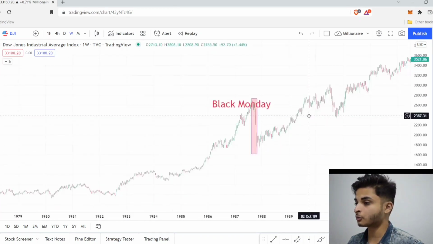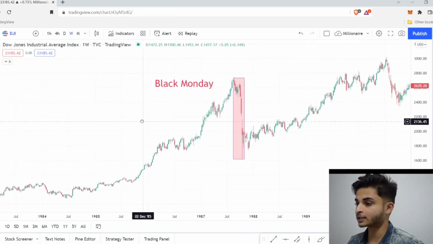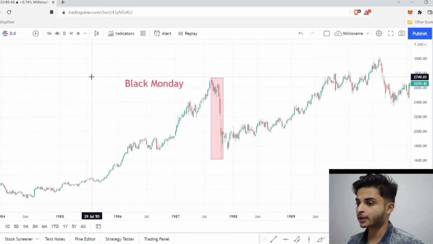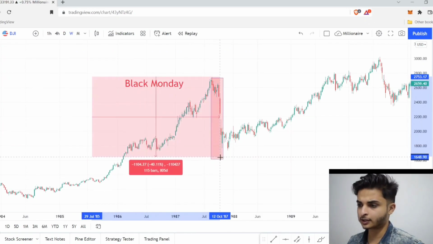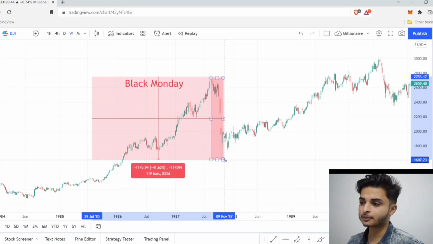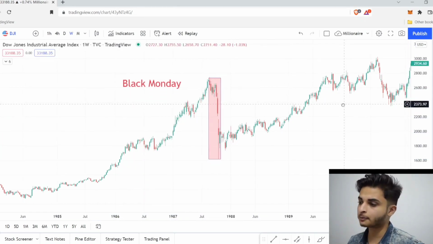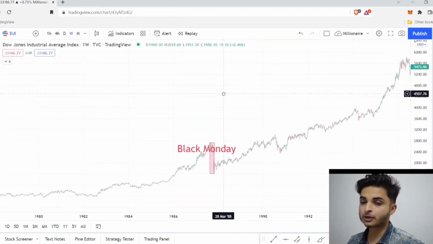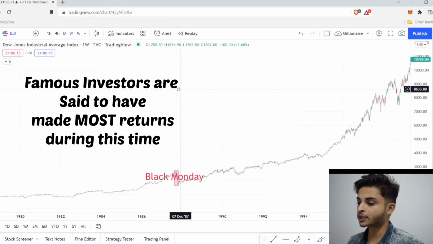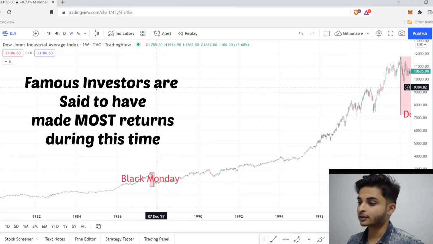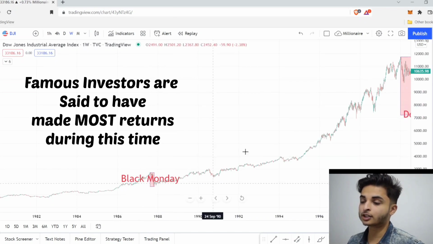And of course there was a small crash in between which we call the Black Monday, where you can see within a span of a few weeks the market fell by 40% and then soon it recovered by the end of the year. And billionaire investors like Warren Buffett and other investors are said to have made most of their money in this bull run.